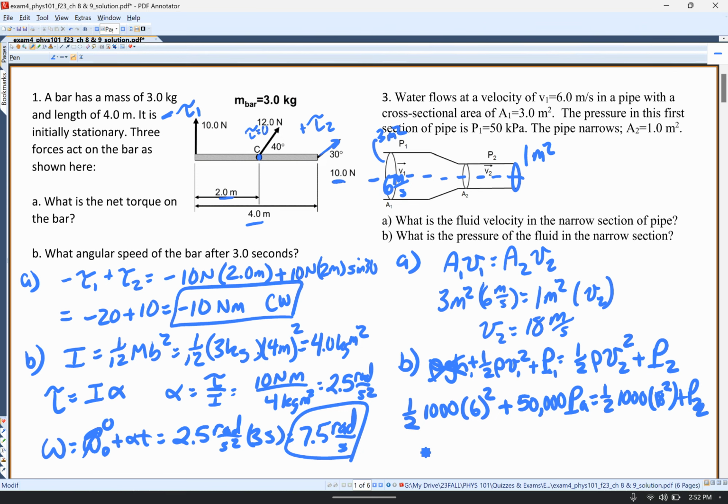It's 500 times 18 squared, that's 162,000, plus this new pressure, P2. I can solve that for P2.